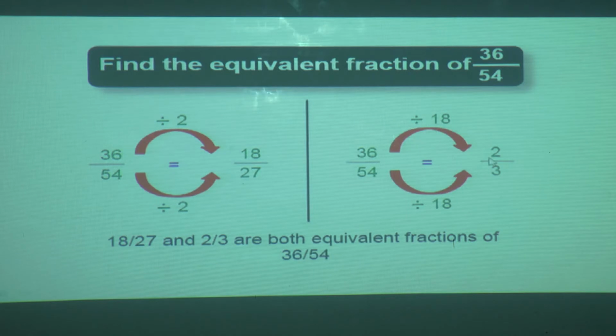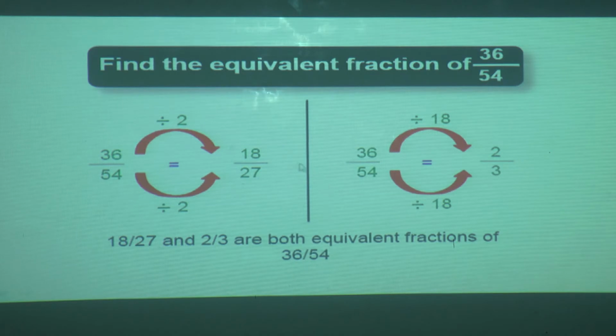So 18 2s are 36, 18 3s are 54. So we get 2 upon 3. Now 2 upon 3 and 18 upon 27 are equivalent to 36 upon 54. So in short we can write that 18 by 27 and 2 upon 3 are both equivalent fractions of 36 upon 54.